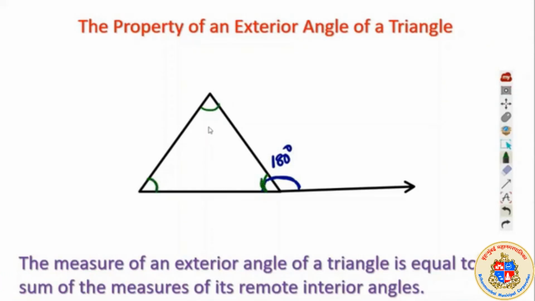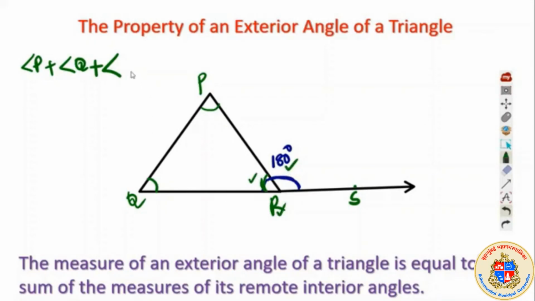Correct? So let me name this triangle P, Q, R and denote this extension as S. So I am forced to write angle P plus angle Q plus angle R. Here is an interior angle also, an exterior angle also. So I will write angle PRQ.